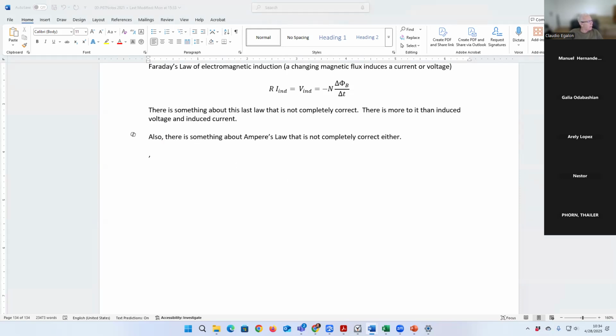I'm not telling you the whole idea, I'm telling you part of it. Let us start with Faraday's law first, and then we address Ampere's law.